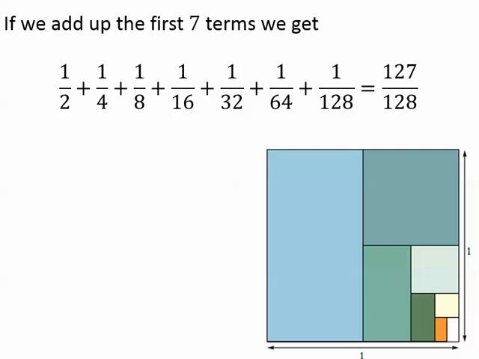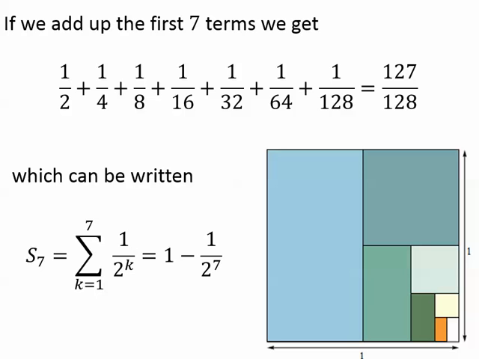Another way of looking at this might be to say, what is missing from the box? We have a 1 by 1 box, so the area of the box is 1. What's the area of the rectangle that is missing? The area of the piece that is missing is 1 over 128, or 1 over 2 to the 7th.